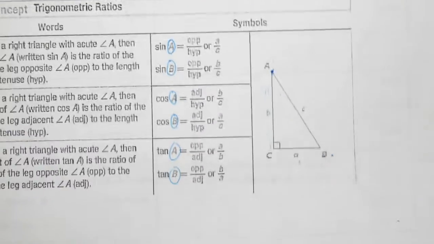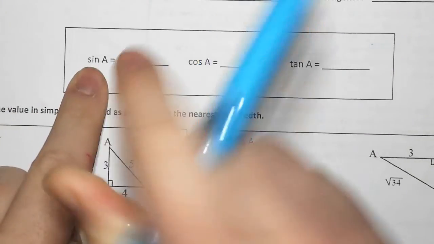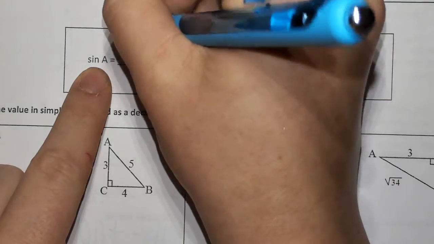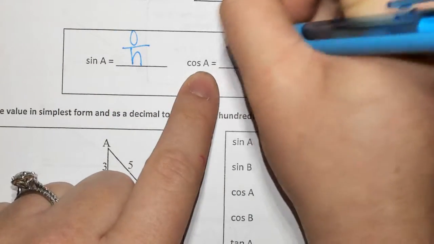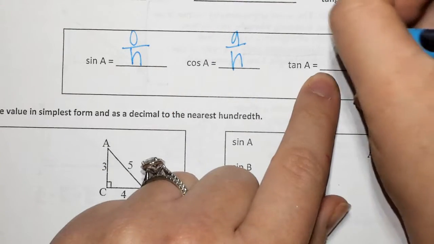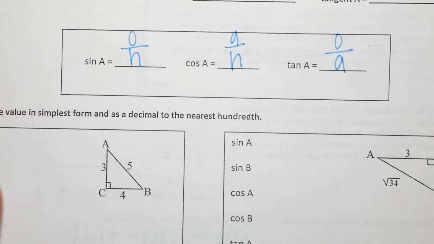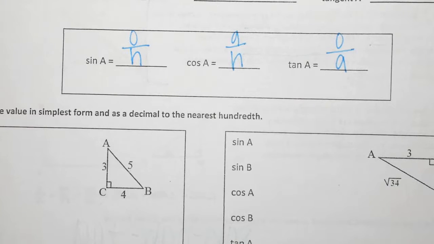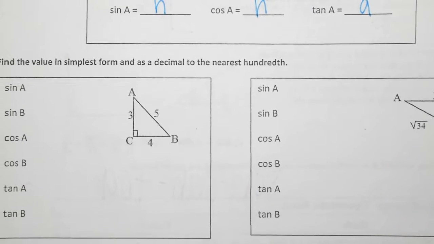Okay. All right, let's go to the next page and practice a little bit. We're just practicing setting these up. Okay, sine is what? I would literally write this on everything you do.